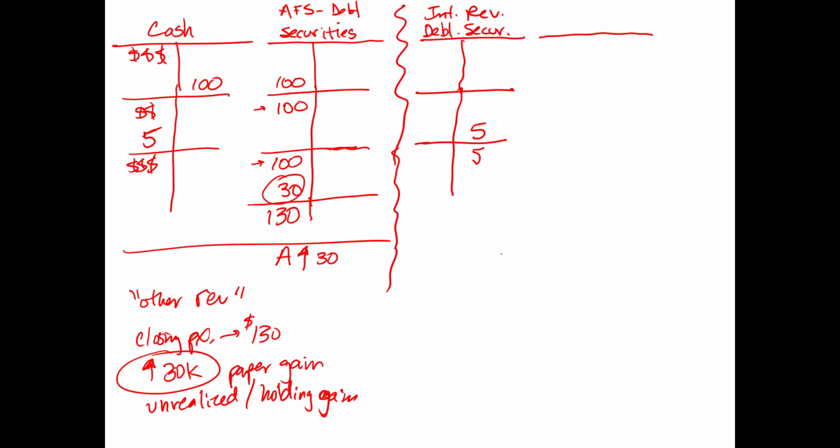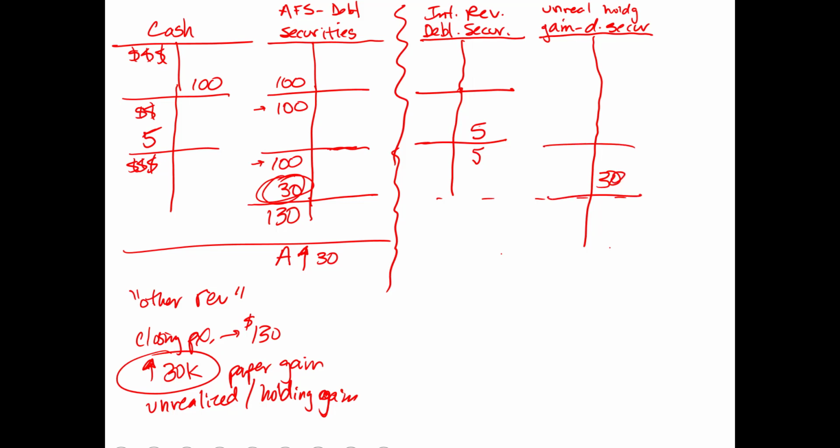Well, we have an unrealized holding gain on debt securities account. This is also an income statement account. And what we'll do is we'll show over here, there's our $30,000 debit, we'll show a $30,000 unrealized holding gain, credit.